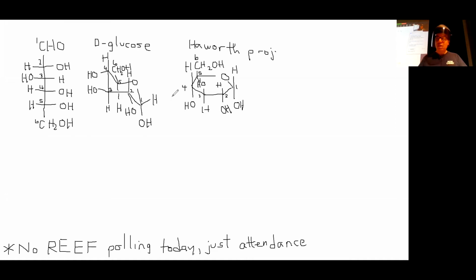Though I would like you to be aware that all 5 of these things are present in solution, and there's a rapid equilibrium between all of them. I think you would find, though, that there's very little of the open chain form left in aqueous solution; most of it at any given time is going to be in one of the cyclic forms, either one of the 2 pyranose forms, which is this one, or one of the 2 furanose forms.